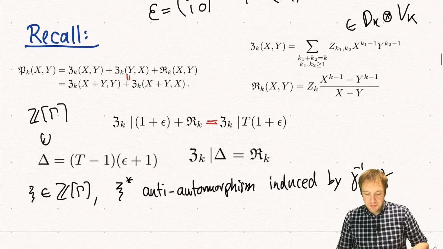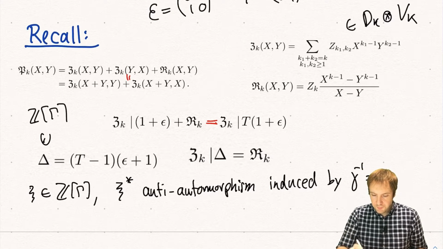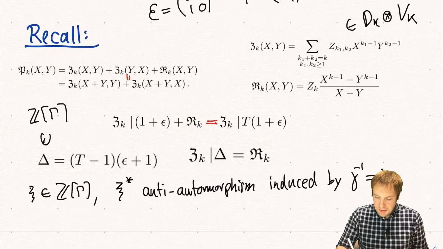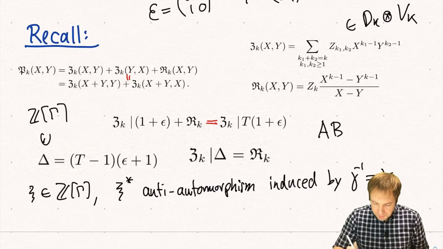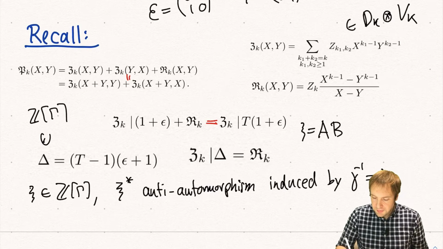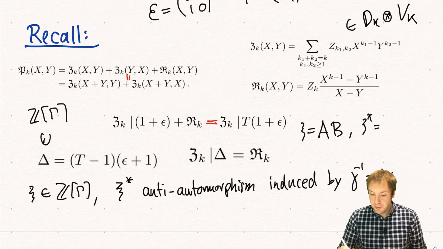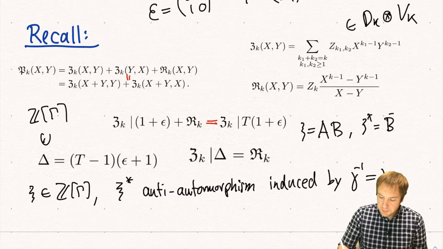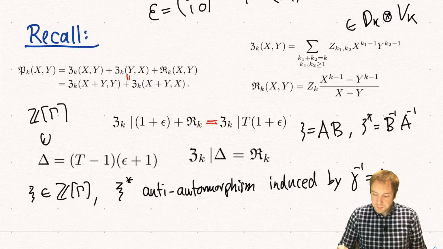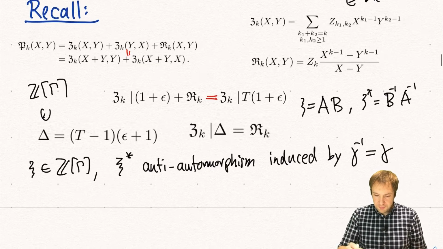So this just means that, for example, if I have an element A times B in the group ring, let's say this is psi, then psi star is an anti-automorphism, meaning I need to reverse the order and take the inverse. So this is this.